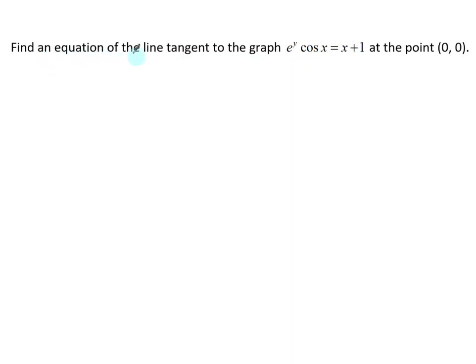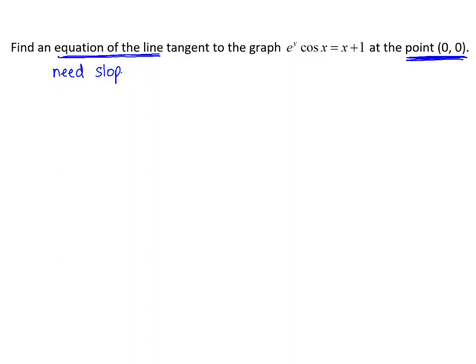Find an equation of the line tangent to the graph e to the y times cosine x equals x plus 1 at the point (0, 0). Now remember, when we want an equation of a line, the things we need are a point, which they gave us, and a slope. We don't have that yet.